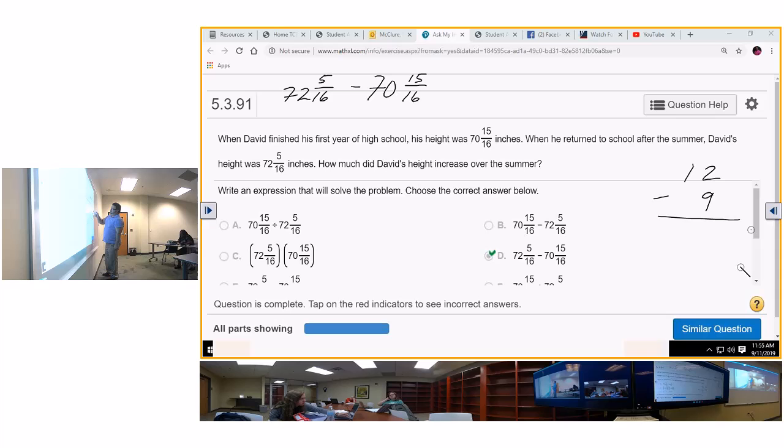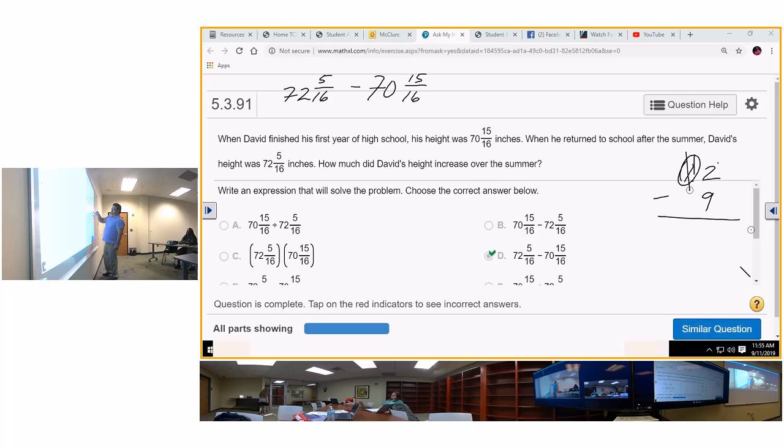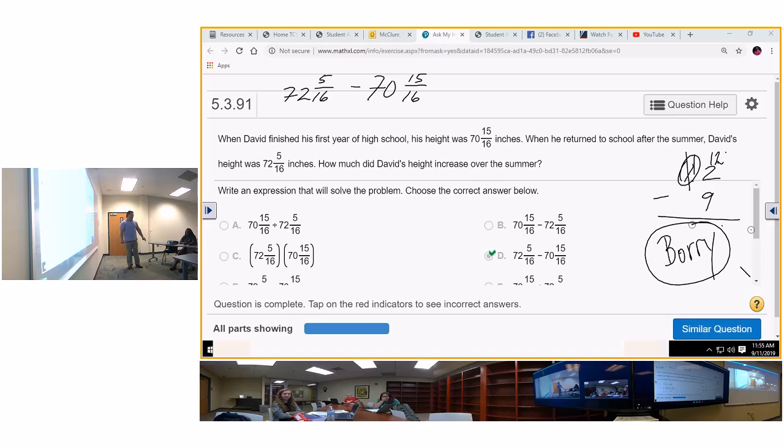So what did you do? You borrowed the 1. And that made that go away, and that 1 was up here, and that made that 12. I made that up, so it's not perfect. But the whole point is, you would borrow.